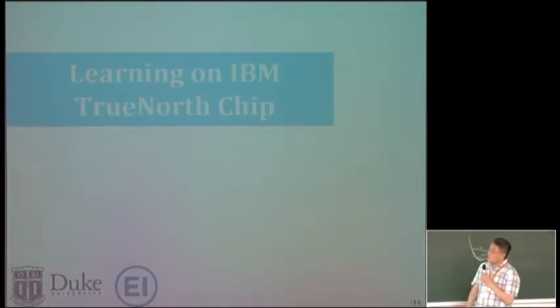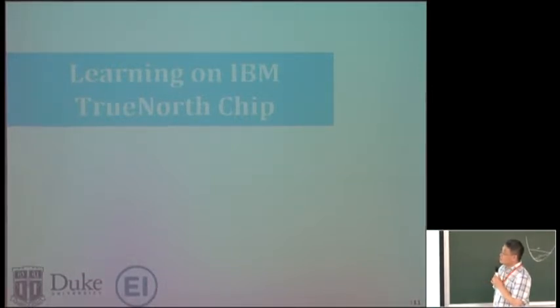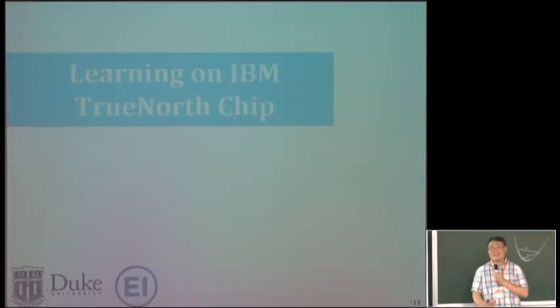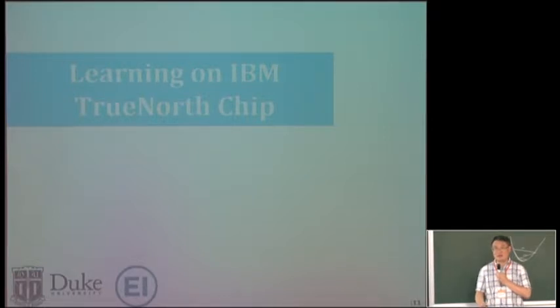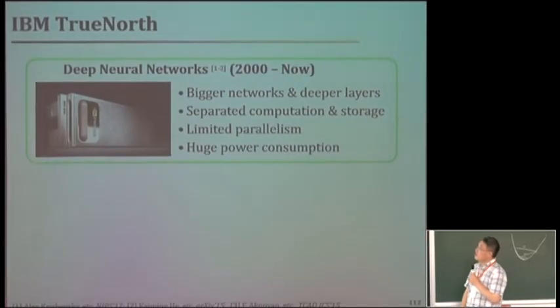The following topic is one example. It's on the very famous IBM TrueNorth chip, saying you have to understand the hardware before you design your learning process. I know the software people may not like it, but that's something they need to learn. Okay, so let's go back to the IBM TrueNorth chip.